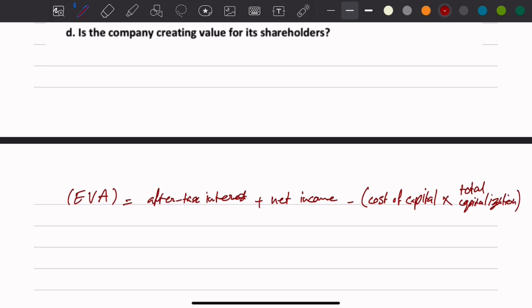The after-tax interest is going to be 1 minus the tax rate multiplied by the interest expense.